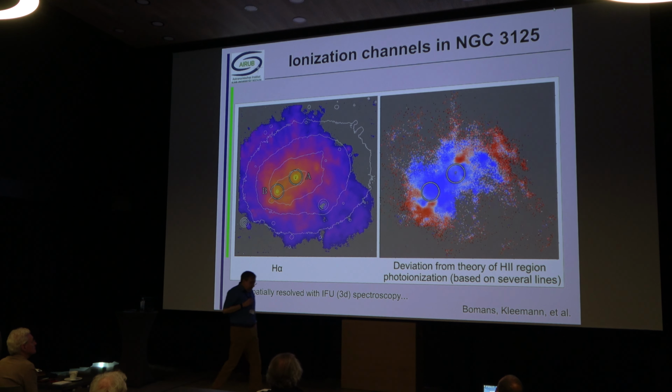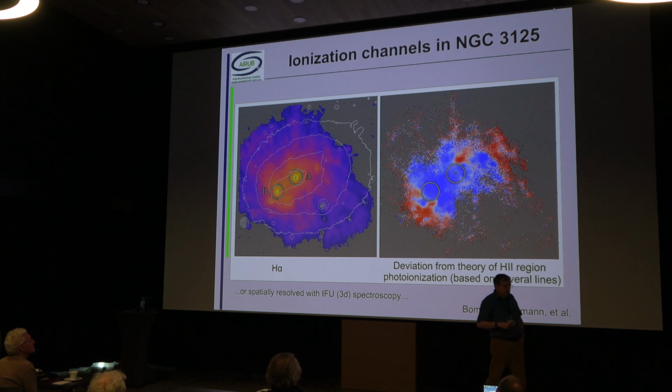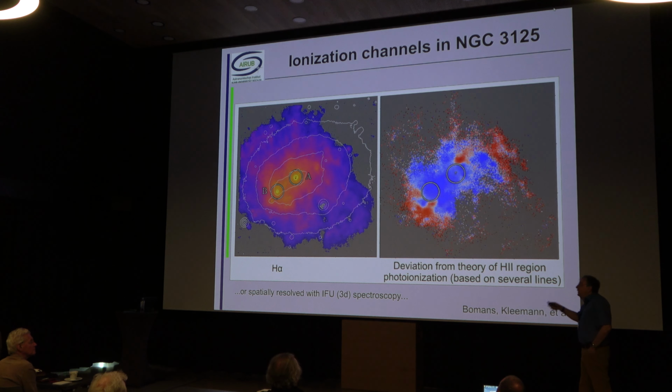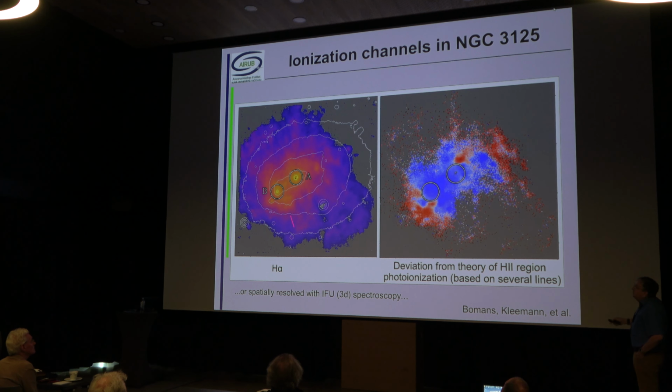If you have not a single spectrum, not a point or a slit, but you have 2D spectroscopy, you can add the information where these individual lines are. Then you can look at maps of lines. So this is the pure H-alpha image of a galaxy. And this is a deviation image for where we would expect, which we could prove, is leaking.